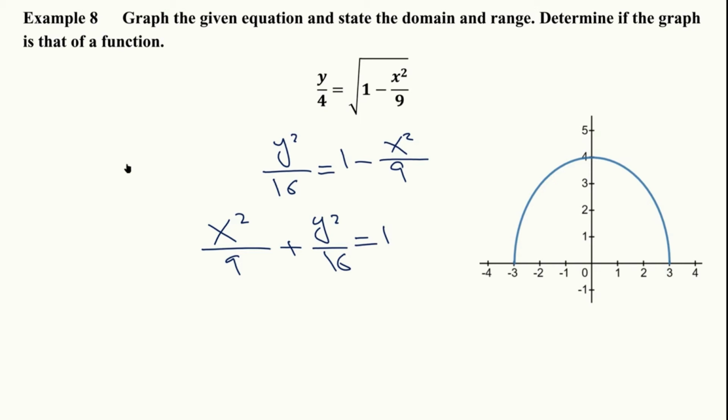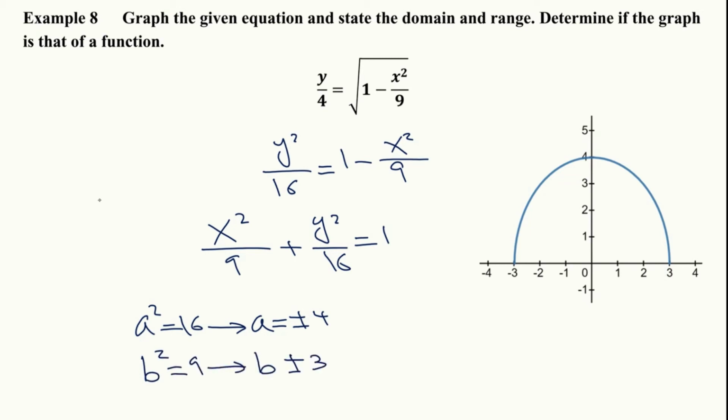But we know that because this is larger, that's going to be a squared, and because this is the smaller, that's going to be b squared, like so.